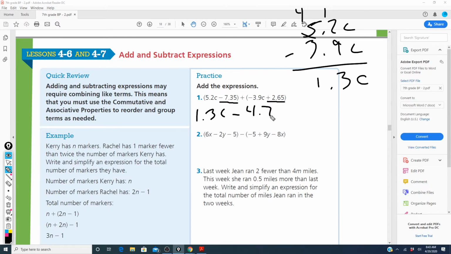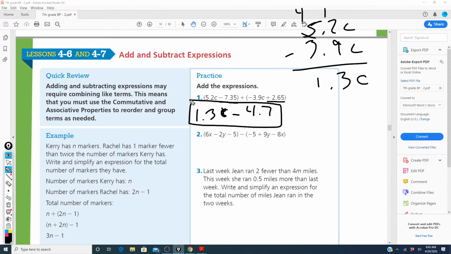So what I hope you see here is that 1.3c minus 4.7 should be your answer right there. Again, you combine your like terms to get your answer there.